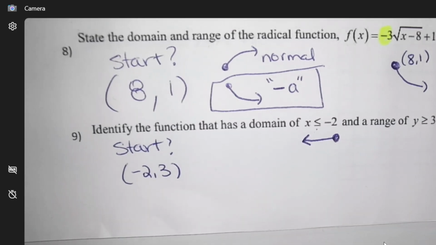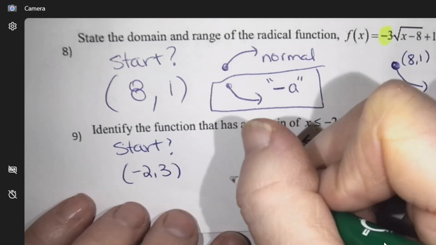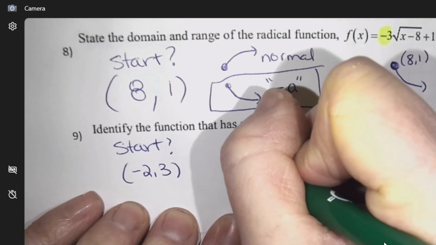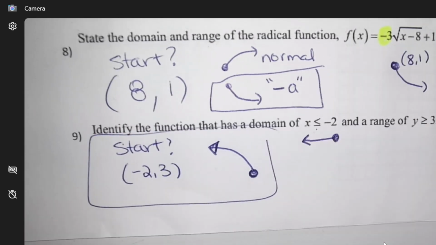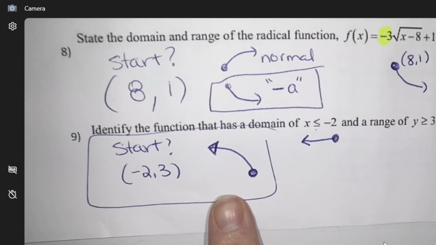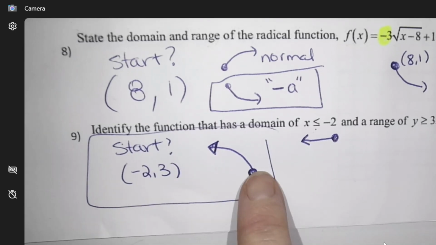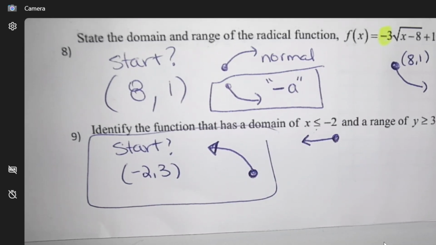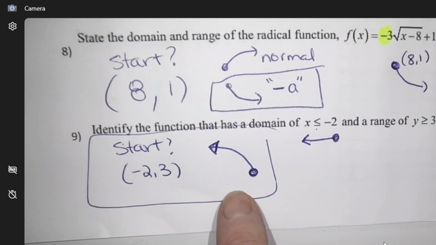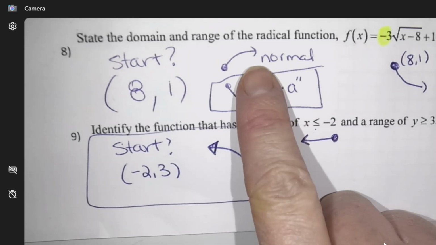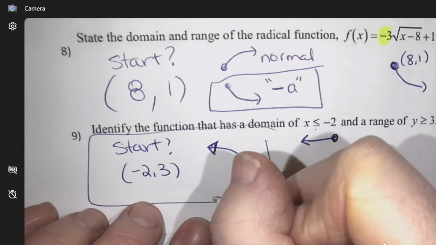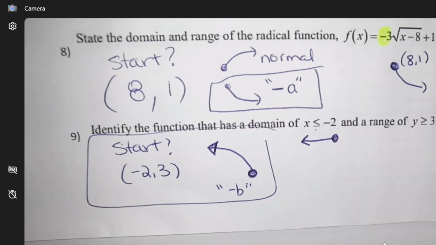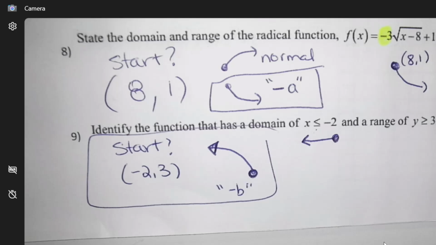So what does your radical shape look like? I know it's starting there, and I know it's heading like that. So, is that normal? No, I just did a normal one there. So this is a negative B reflection.